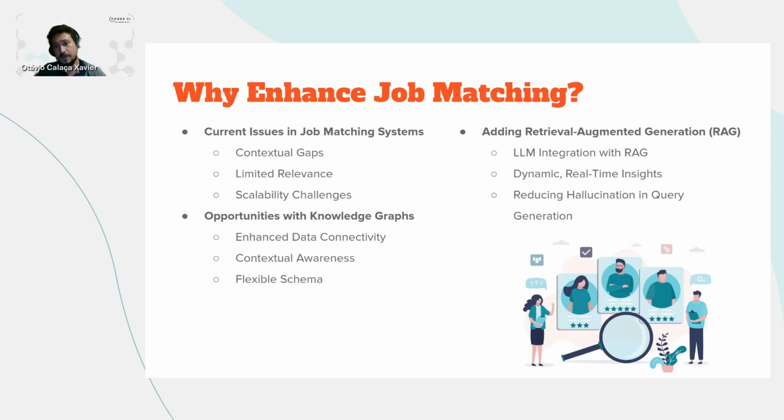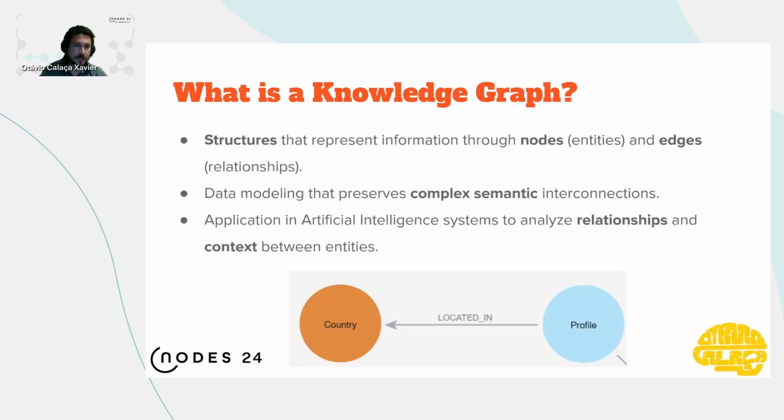And when using RAG to generate queries like Cypher queries, we can reduce hallucination, like trying to use a field that does not exist, a wrong label in the graph, or a field type used wrongly. So with RAG, we may reduce those types of issues.